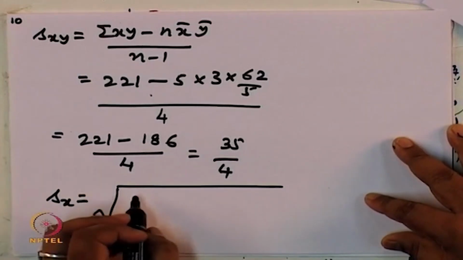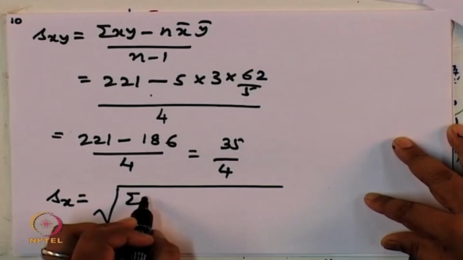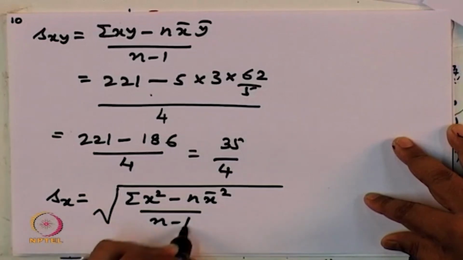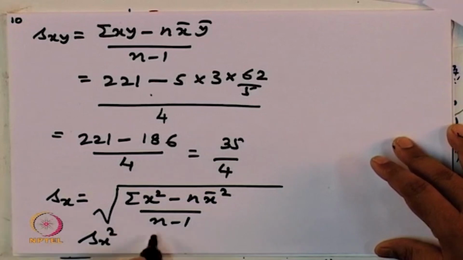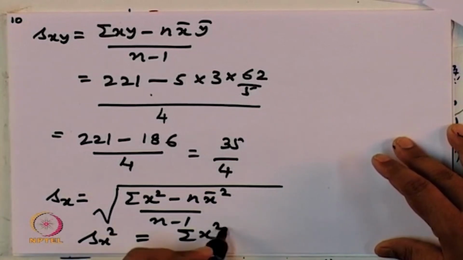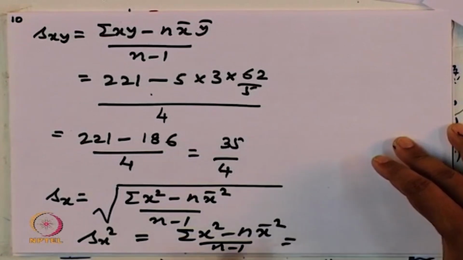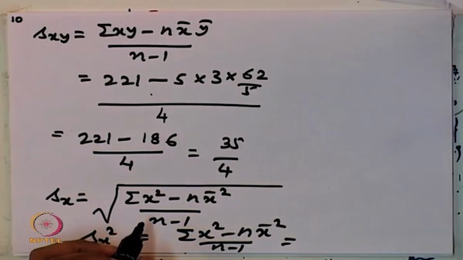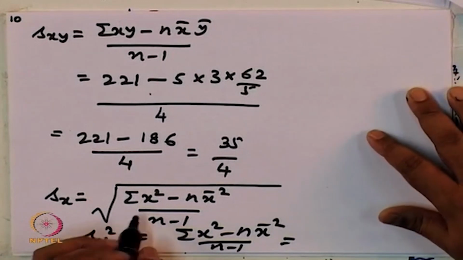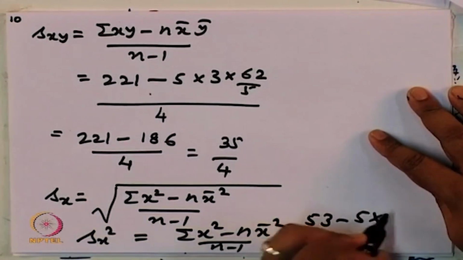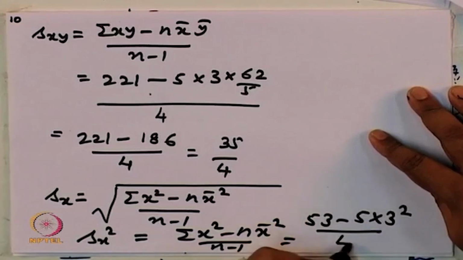And s x is the square root of summation x square minus n x bar square by n minus 1. So, s x square will be summation x square, which we found to be 53, minus n is 5 into 3 square, divided by 4.